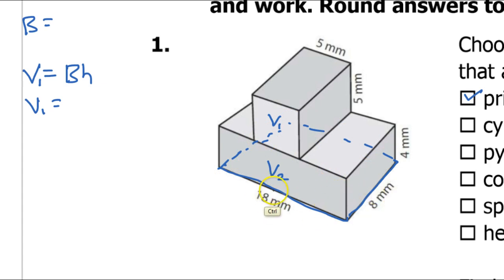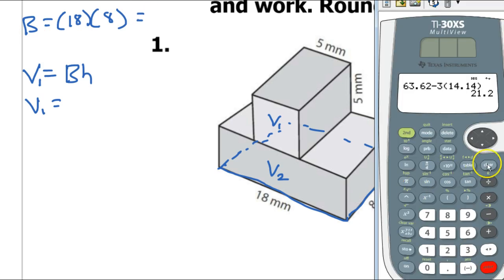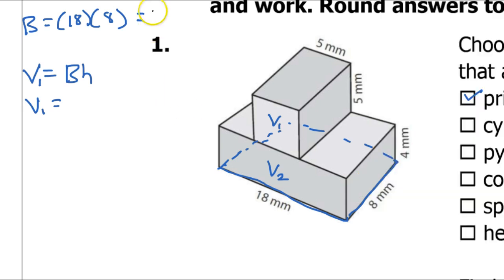And the area of a rectangle is just base times height, so that's 18 times 8, which is 144. That's going to go in right here. So I'm going to have 144 times the height of the prism.